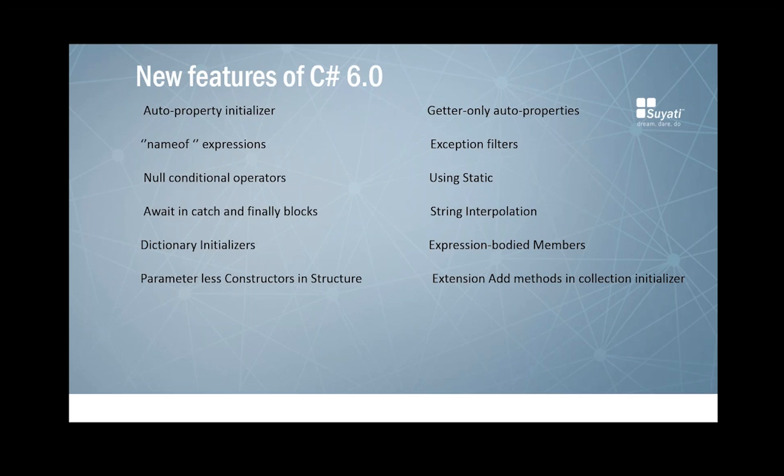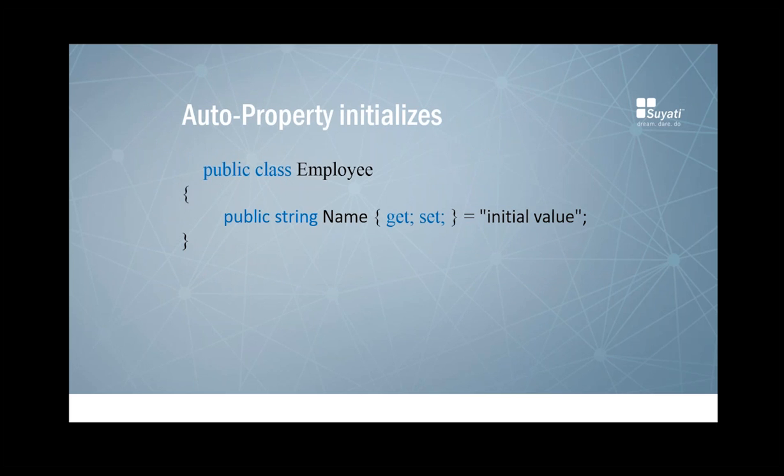First, I will start with the auto property initializer. The auto property initializer allows us to define the property without any backing field. However, we still need to use constructors to initialize these auto properties to a non-default value. In the past, we may have created our properties with a get and set, then initialized them in the constructor with the value.